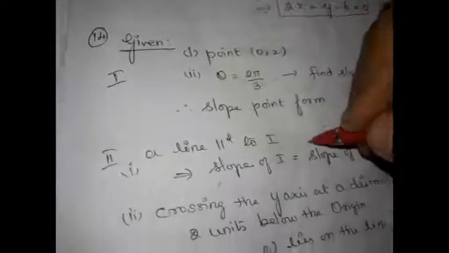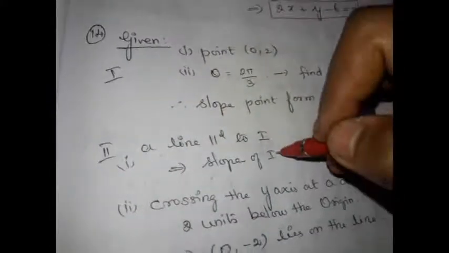In the second question, they asked us to find the equation of a line parallel to it. Parallel and perpendicular, immediately slope only should strike your mind. If a line is parallel to this line, the slope of this will be the same as the slope of this.